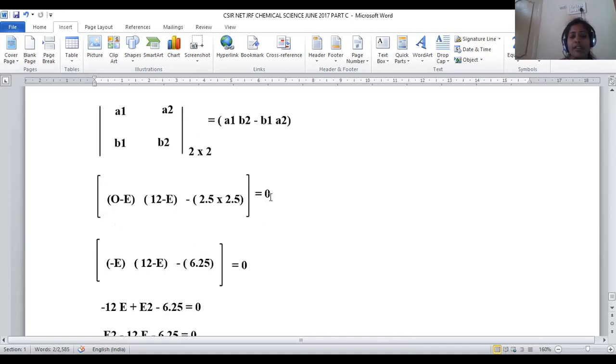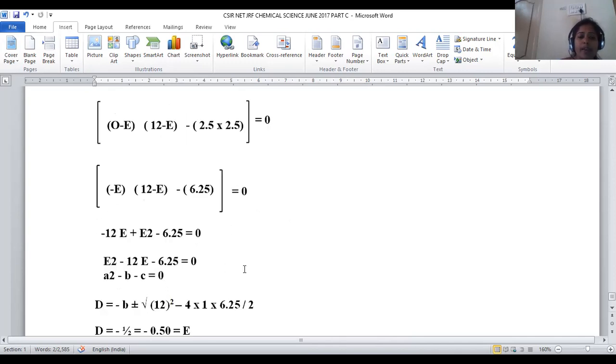This is equal to 0. We are going for diagonal multiplication. So 0 minus E is nothing but minus E itself. 12 minus E can be taken as such. 2.5 into 2.5 is taken as 6.25, right?